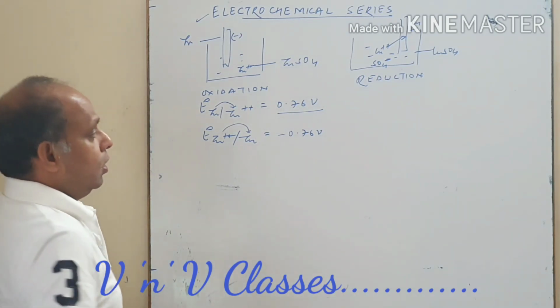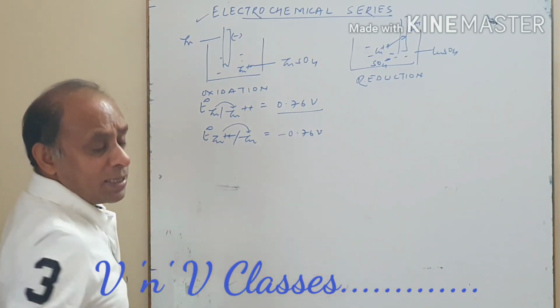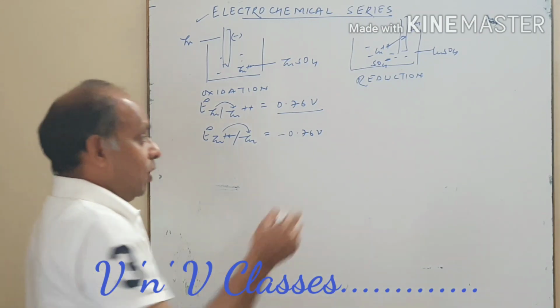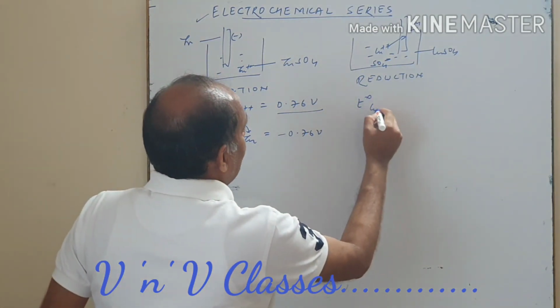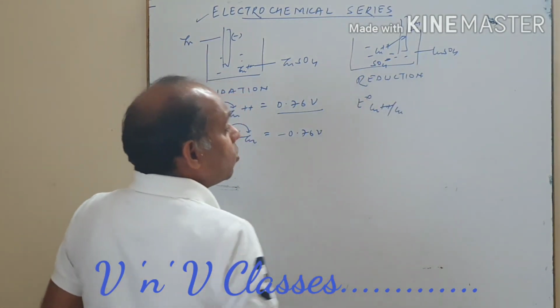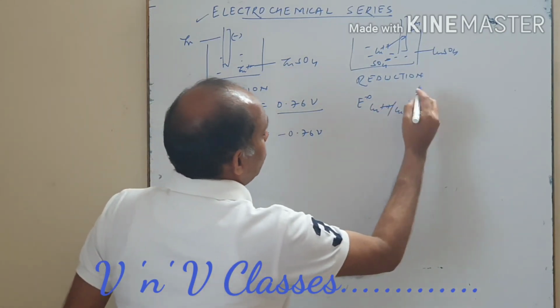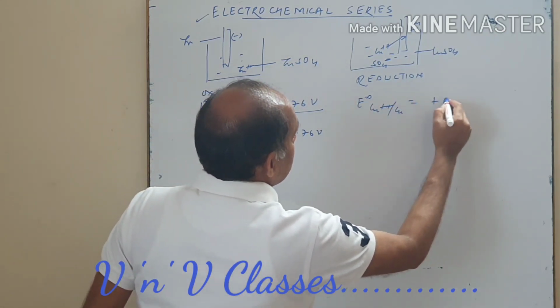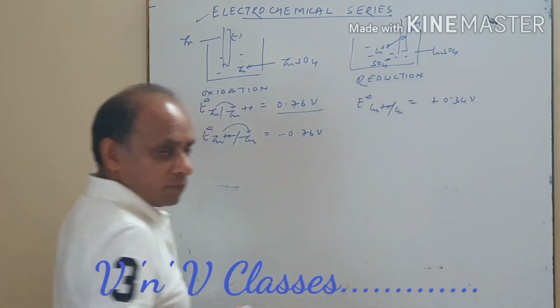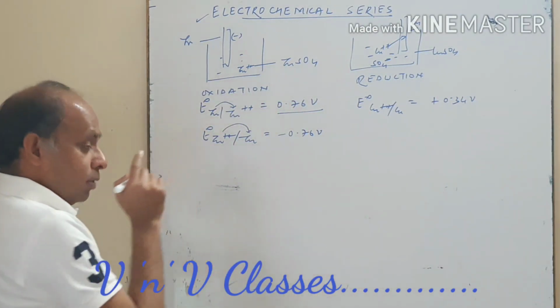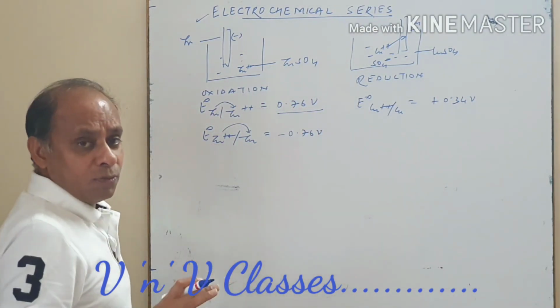What I mean to say is, the numerical value remains the same, only the sign is changed. For example, for copper, because it undergoes reduction, we have the reduction potential only, which is plus 0.34 volt. Now remember, all we get are reduction potentials.